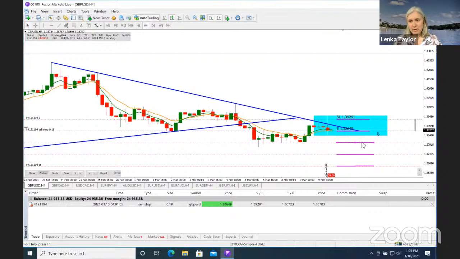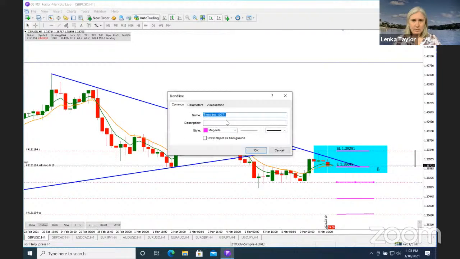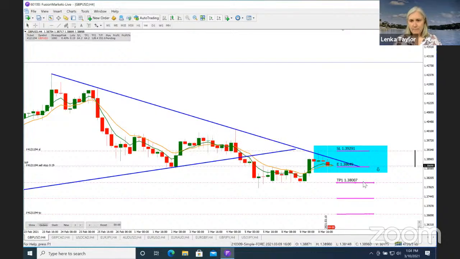And the profit targets. Profit targets I'll take from here. So the first one, TP1 and TP2.